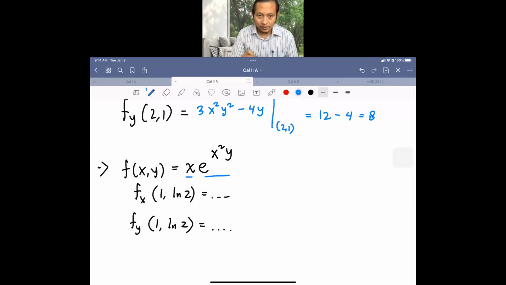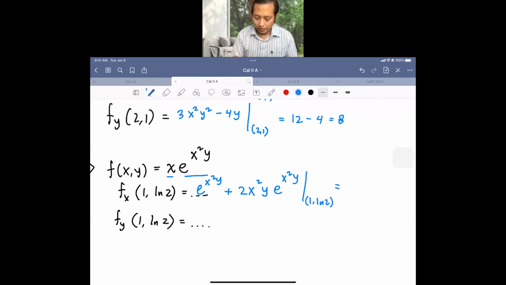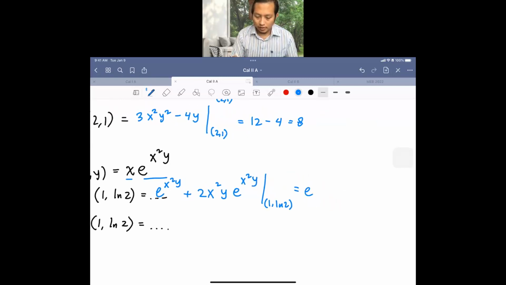Okay, so this will be taking the product rule, the first one, this, and then plus x multiplied with the 2x, so 2x, and then multiply with e to the x squared y. If you look at the point, you're going to have e to the ln2, which is 2, right?